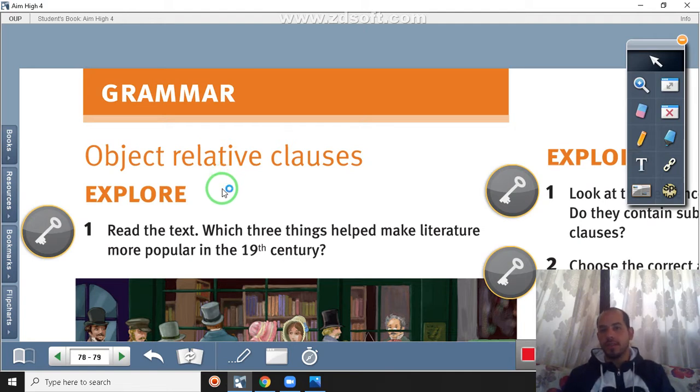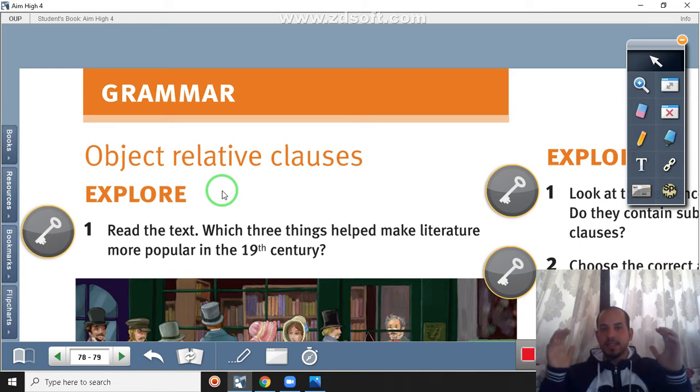First of all, let's make a quick revision for the clauses itself. Now we have a relative pronoun. A relative pronoun is smaller than the relative clause, because the relative clause is the entire sentence, the whole sentence.